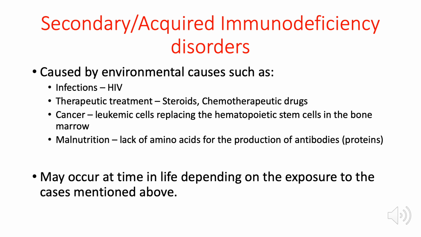Malnutrition can also cause some patients to become immunocompromised. Remember, antibodies are proteins, and proteins are made up of amino acids. And one of the sources of amino acids is our diet. So if there is malnutrition, expect that we won't have enough amino acids to form the antibodies.